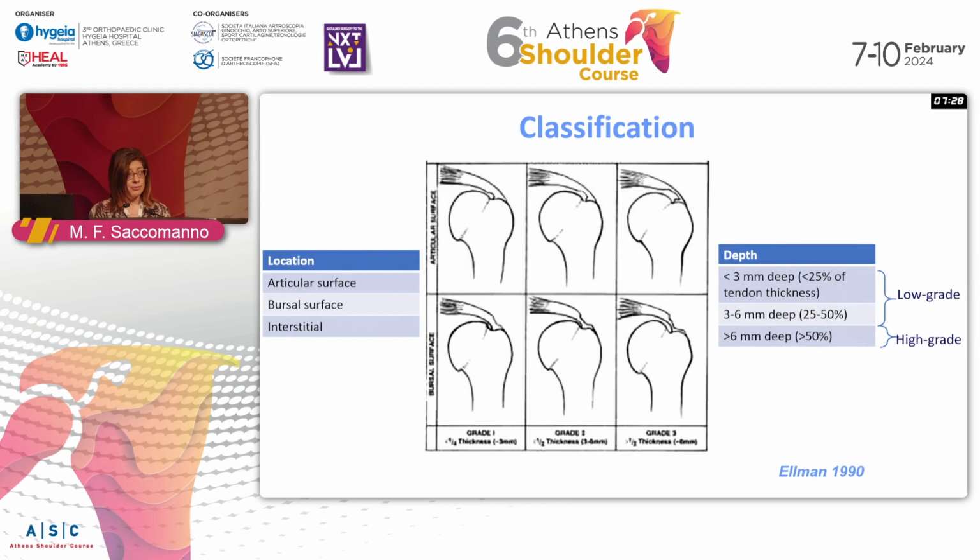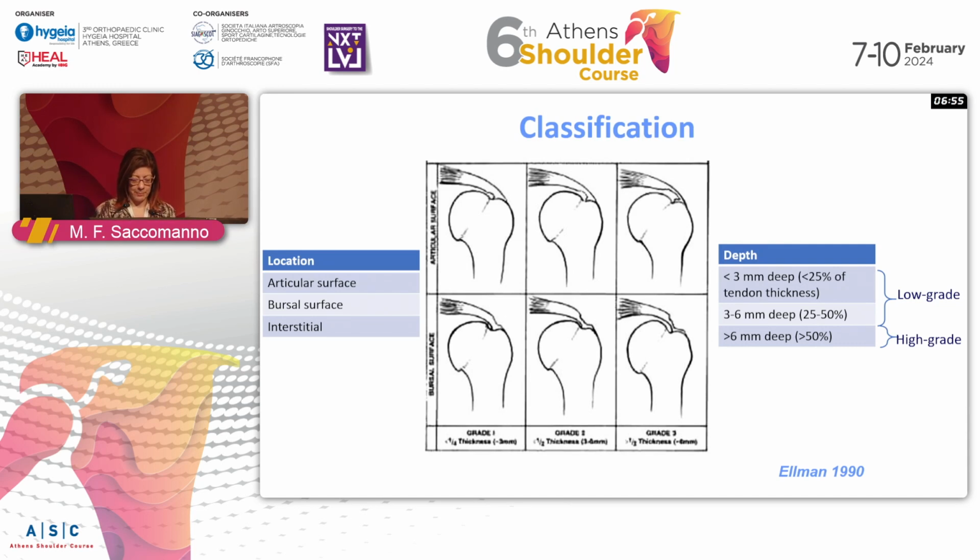There are different classifications. The most used one is the Ellman one, which focuses on articular and bursal-sided tears. This is important because it can give us a sort of direction for treatment. We know that in grade 3, when there is more than 50% involvement of the tendon, probably there is an indication, if the patient is very painful, to think about surgery. But in the other cases, less than 50% and less than 25%, I would say that conservative treatment should be considered mandatory.